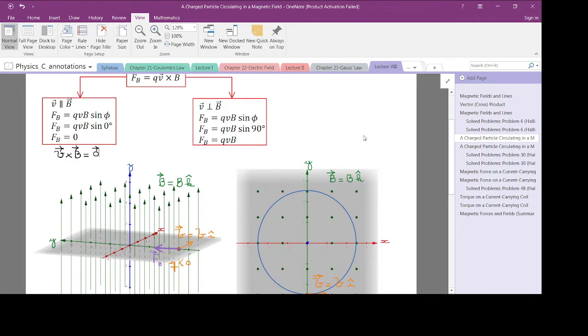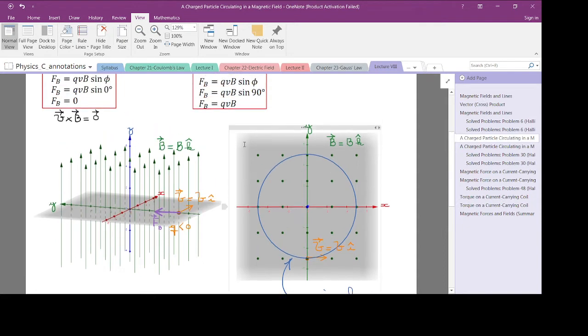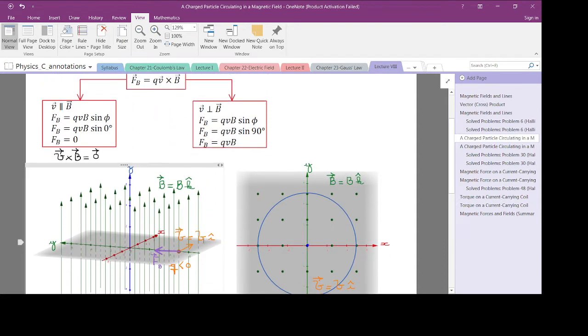Okay, let's see another case. Let's imagine what is going to happen if you have a particle that, when it enters the magnetic field, has an angle of 90 degrees between its velocity and the magnetic field. First of all, we have a force. A force is going to act on the particle.